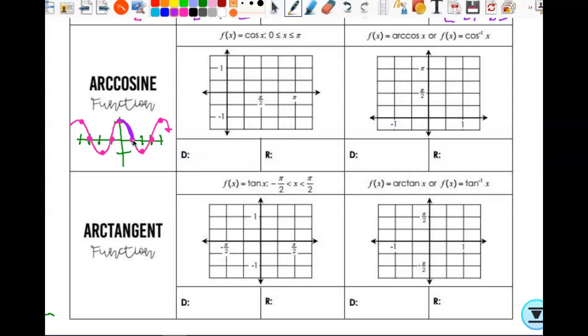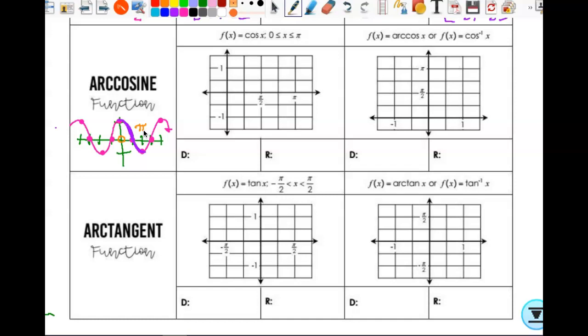I'm not going to go negative this way because that just gives me more of the positive. But if I keep going all the way to pi, this gives me all my possible negative values. So for cosine, I'm going to start at 0 and go to pi so that I can get that restricted domain there. Okay?